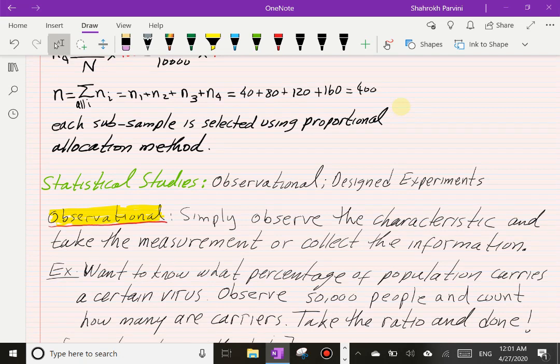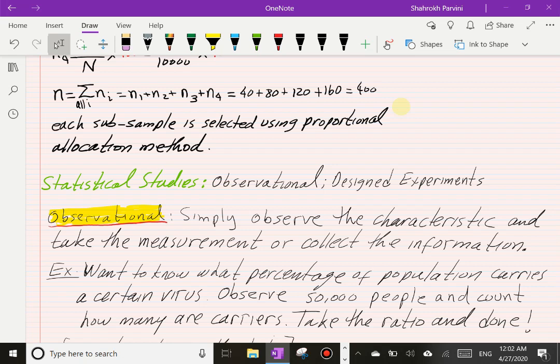I'm going to observe, let's say, 50,000 people, a large sample, and then count how many of those are carriers of the virus. Suppose 1,000 have it. The ratio of 1,000 to 50,000 would be about 2% of the population that has that virus. So this is an example of an observational study.